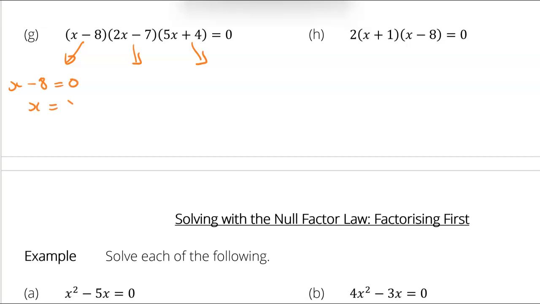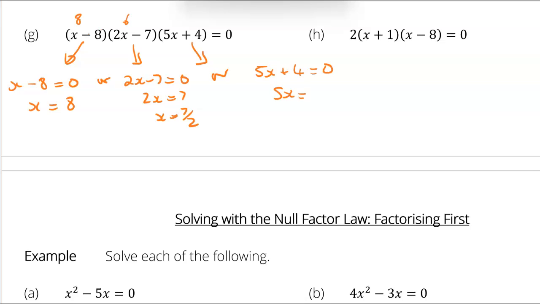So x could be 8, because if we put 8 in there, we get 8 take 8, which is 0. Or, these ones aren't quite so nice. 2x equals 7, so x is 7 on 2. So if we put 7 on 2 or 3.5 in there, that second bracket, which represents a different number, could be 0.